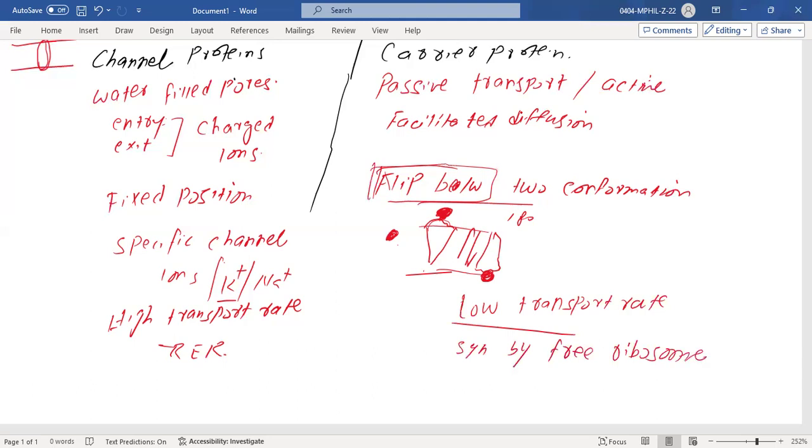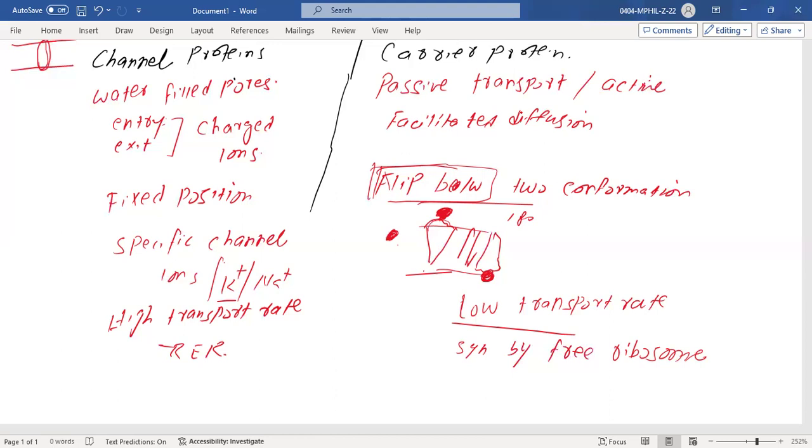So this was all about the types of proteins. Are you getting this point? Here we have discussed membrane proteins based on their position. I have told you that one is intrinsic, another one is extrinsic. And then you have the classification based on the types of transportation.